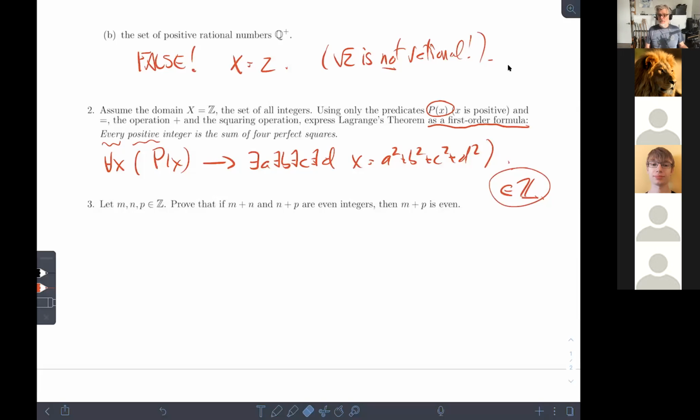Okay. So let me move to the proof, which was actually pretty good overall. Now, I discussed this with a few of you individually. Number 3, if you've never seen it before, is a moderately difficult problem. At this point in your mathematical life, this would be a pretty difficult problem.